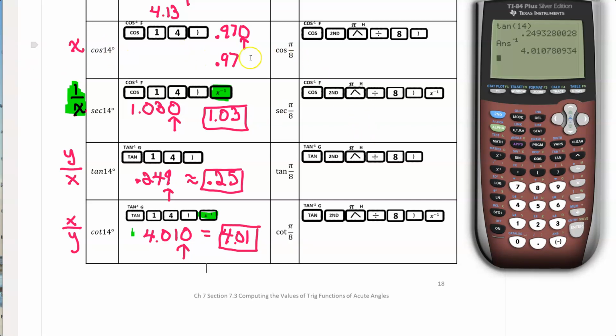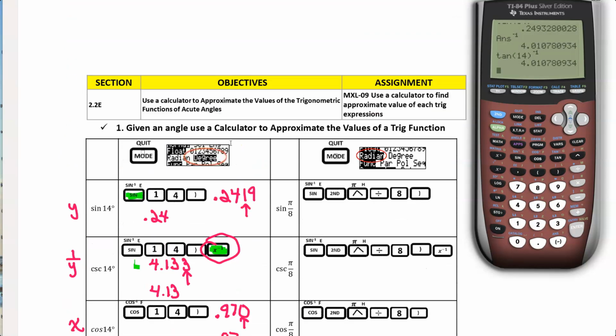Okay, again, I'll do the keystrokes on that. That would be tangent 14 degrees, close my parenthesis, reciprocal, enter. So that's how you deal with degrees.